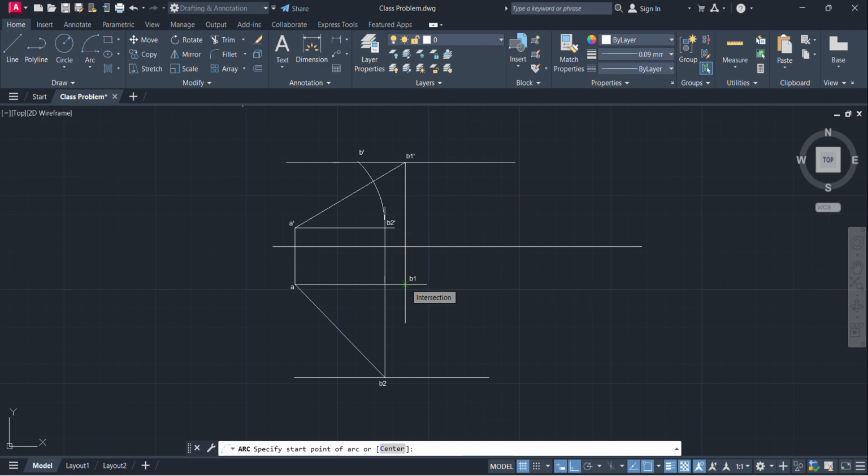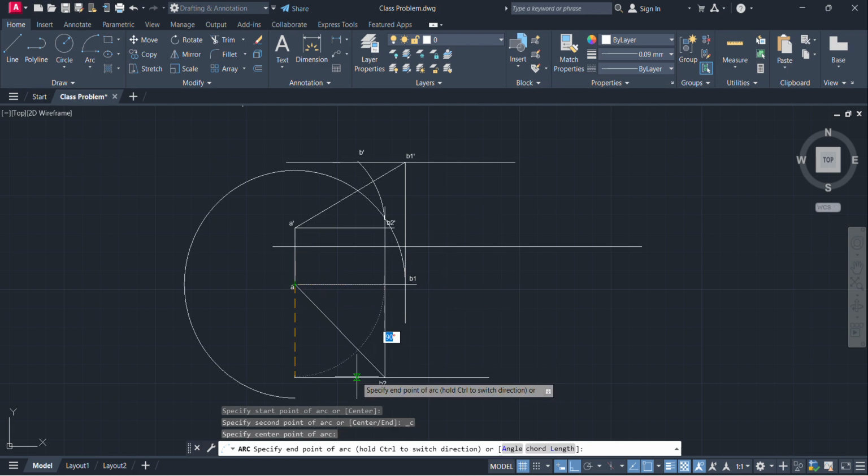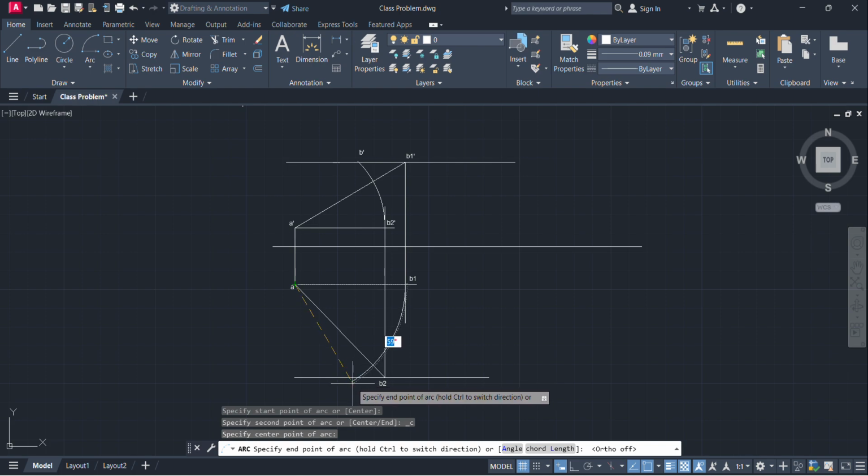So I'm starting with point B1, marking A as the center, and then I'm trying to find out the point where it intersects with the locus. Now you can see the arc is getting drawn on the other side than what is required. So in such cases I can just press Control on the keyboard, and then I can change the direction in which the arc will be drawn. So this is how I can draw the arc.